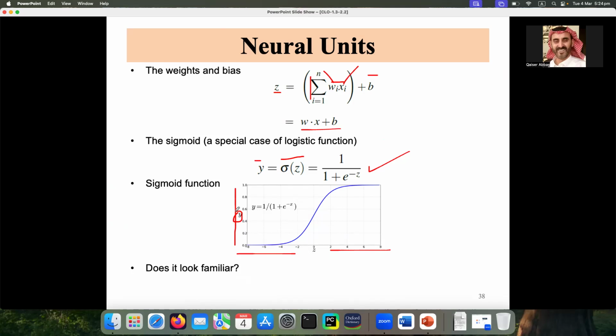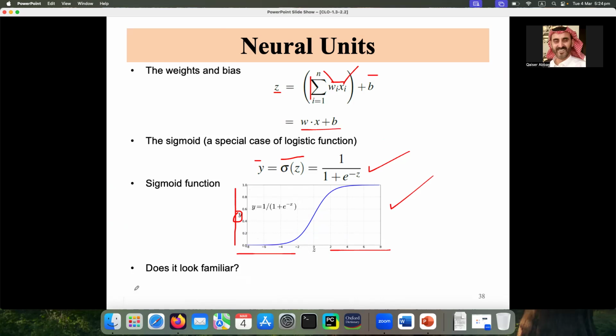When your system predicts it, it becomes Y cap or Y hat. When you use this formula, it has a curve like that, the sigmoid curve, which we already saw.